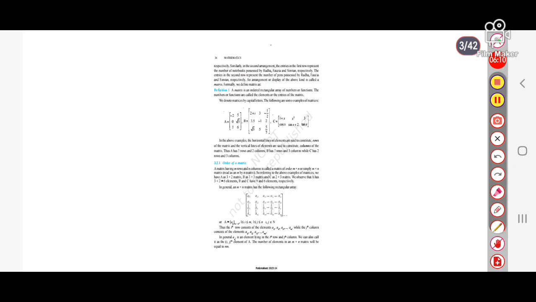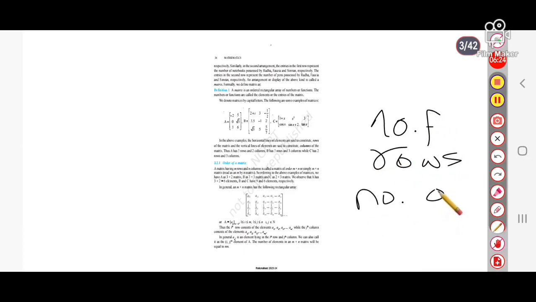What is the next thing given? The order of a matrix. What is the definition of the order of a matrix? The order of a matrix is nothing but the number of rows and the number of columns.